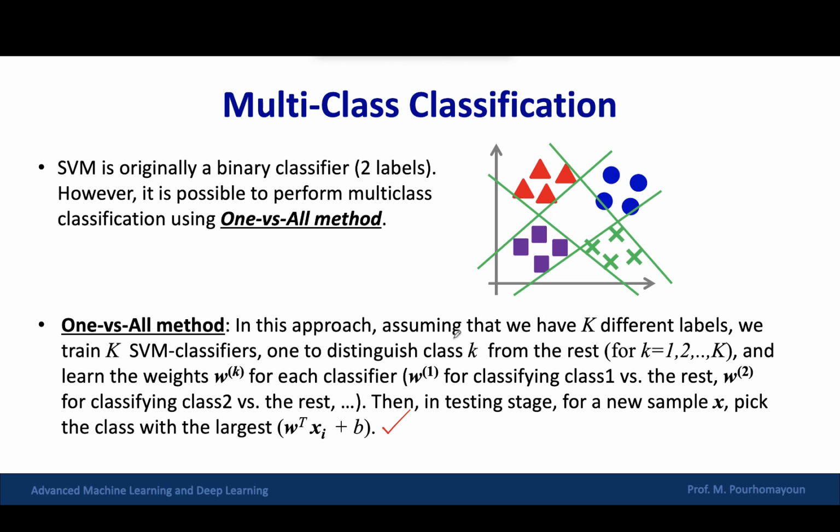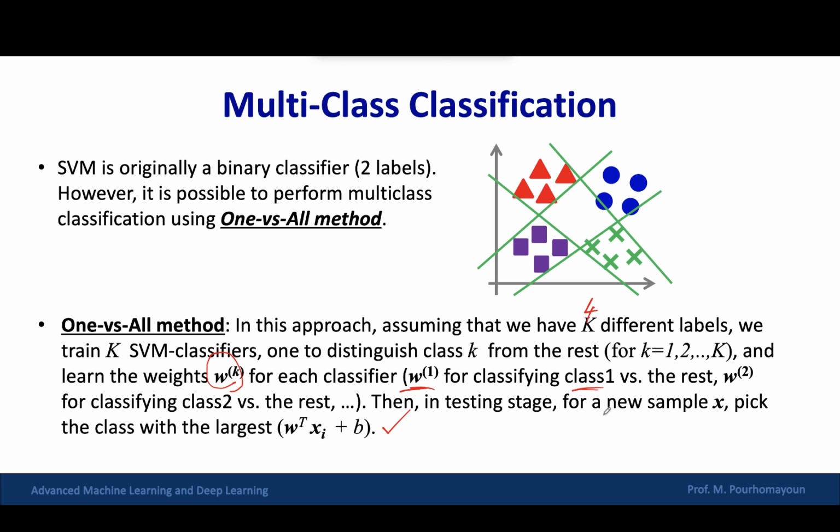So in this approach, assuming that we have k different labels, so in this example k is 4, we train 4 SVM classifiers, each one to distinguish class k from the rest. Each one of them gives me a line with some W's and B's, for example, W1 for classifier 1 and so on.